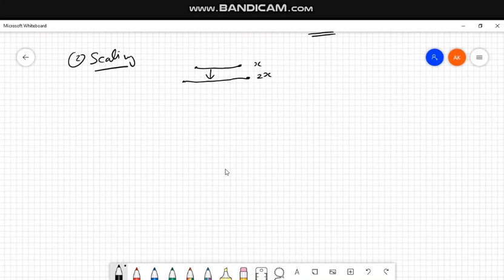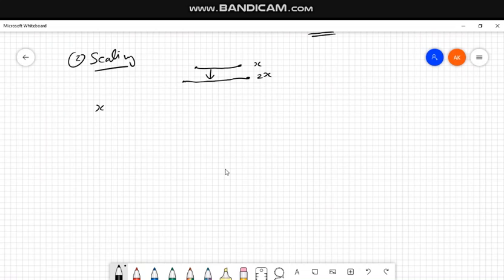ये देखते हैं कैसे होता है. इसको हम करते हैं using some scaling factor. ठीक है, इसमें एक टर्म यूज होगा scaling factor which is represented by sx or sy.